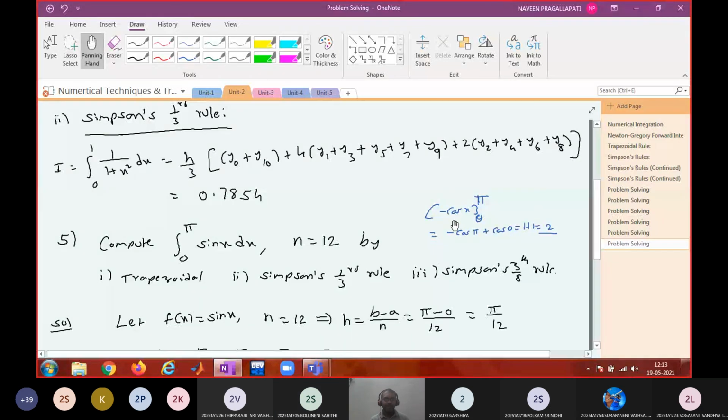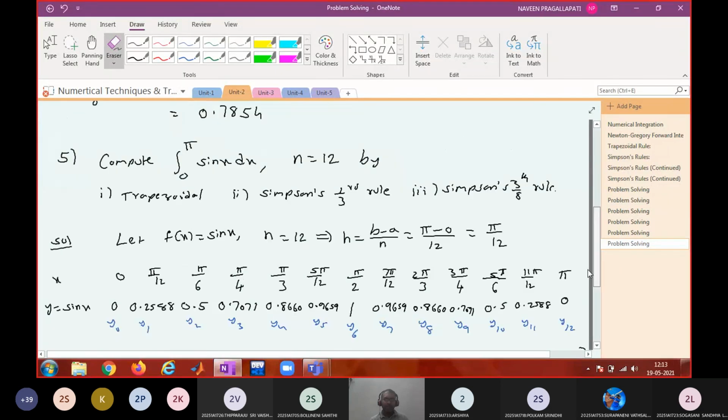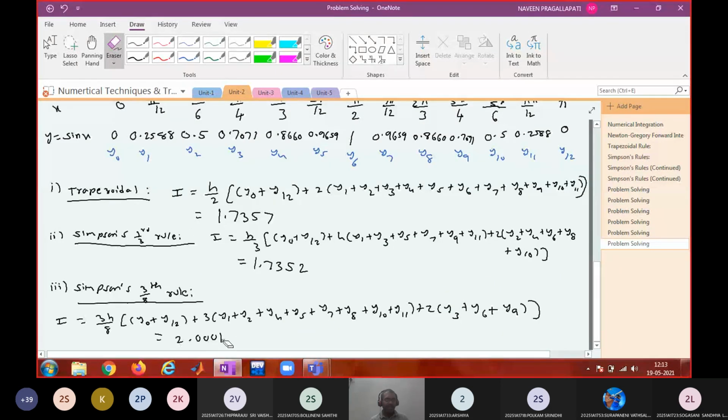Exact value is 2, and this is giving very close, right? Simpson's 1/3 also gives 2 only, sir.